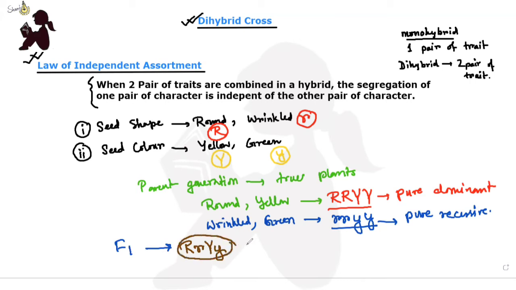And this structure produced 4 gametes in the time of selfing. Now, the number 4 was the probable combination of this capital R, small r and capital Y, small y.